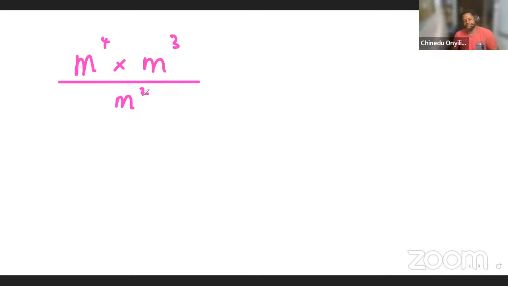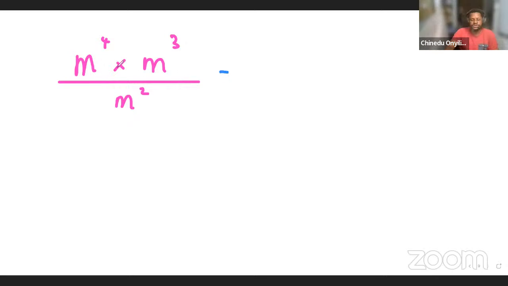Another example you might see is a question like m to the power of 4 times m to the power of 3, divided by m to the power of 2, and you want to simplify this. The first thing you might notice is that you have the same base, m.